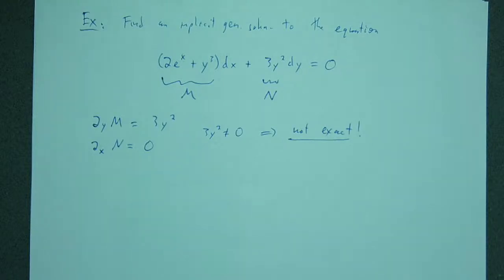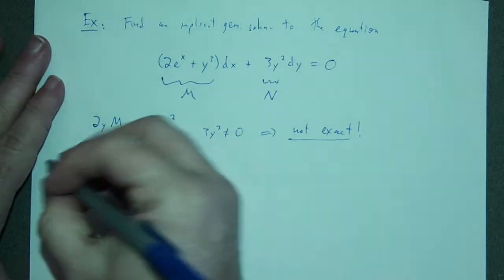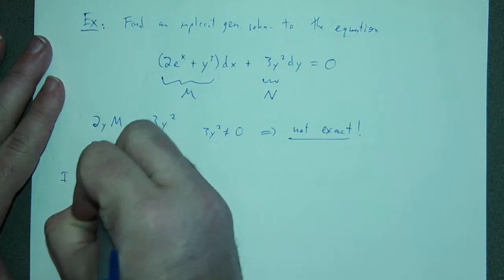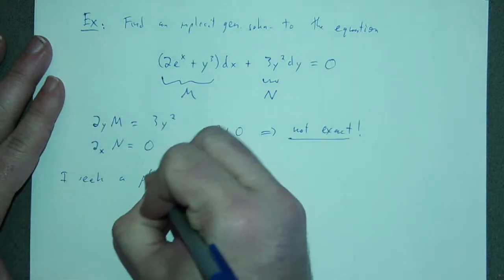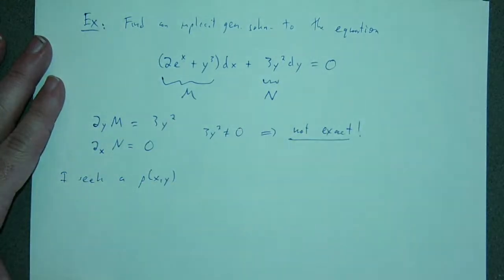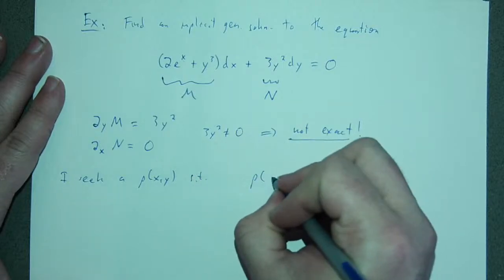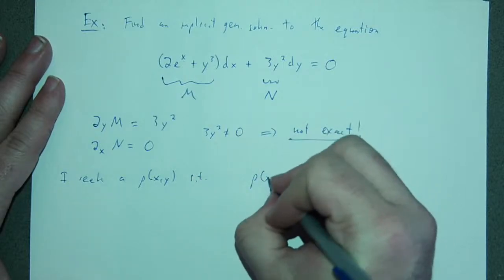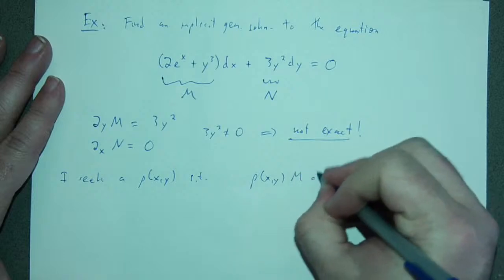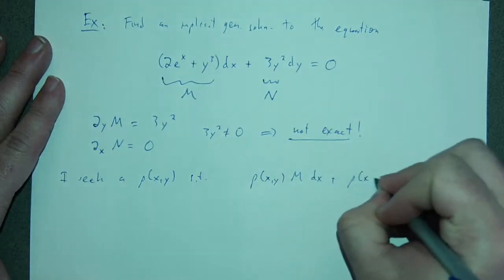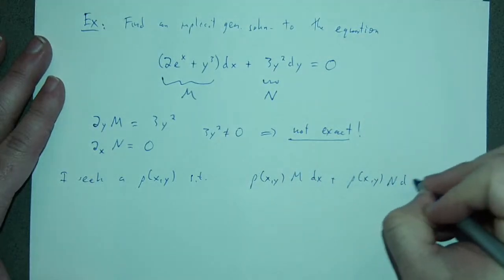Well, I want to seek this integrating factor. So I seek rho of xy such that rho xy times M dx plus rho xy N dy is equal to 0.